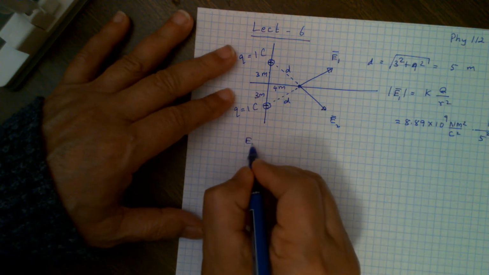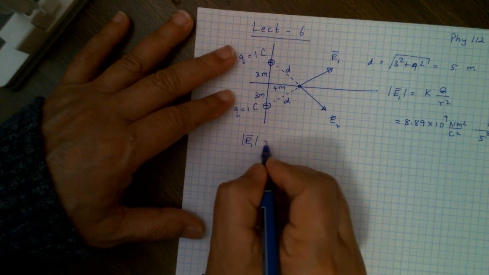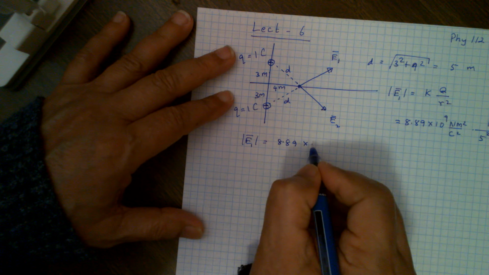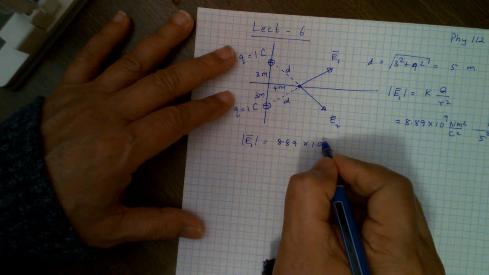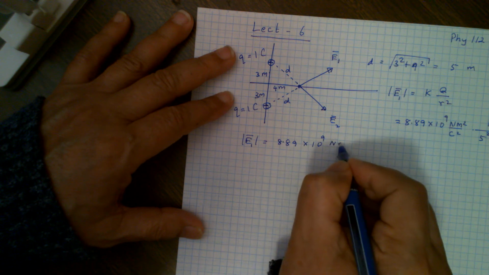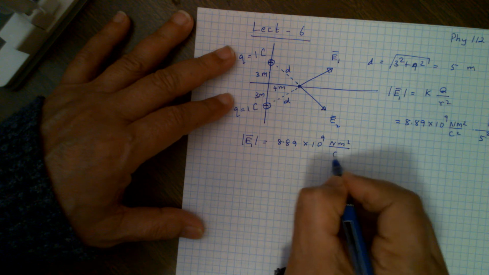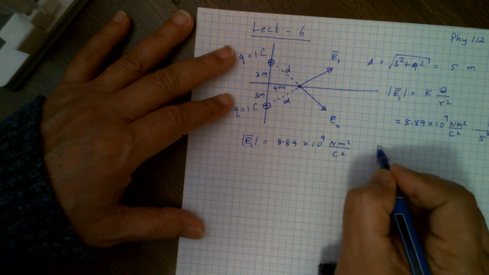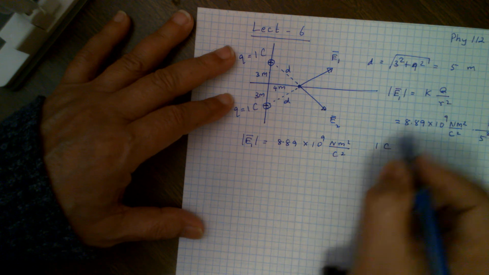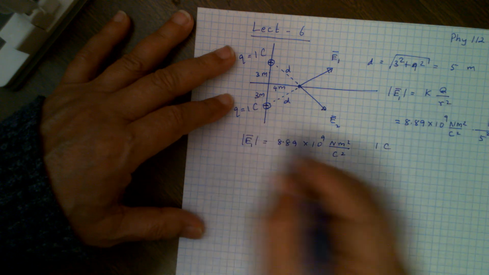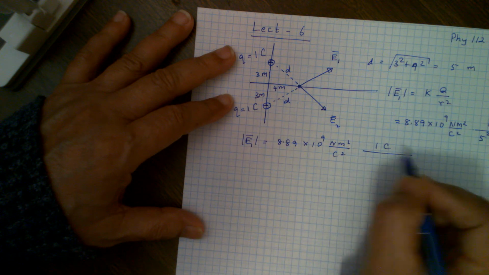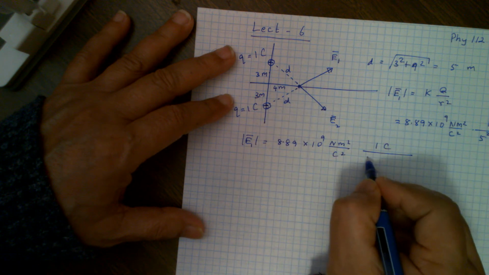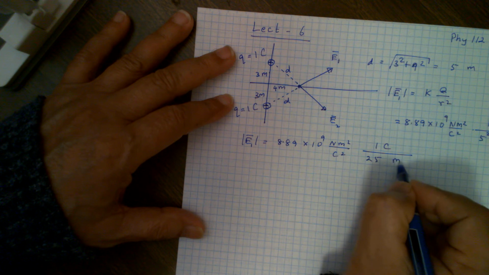The magnitude of E1 is equal to 8.89 times 10 to the power 9 Newton meter squared per coulomb squared, that's from K, times 1 coulomb, that's for the charge Q, divided by R squared, which is D squared, which is 5 squared, so that will be 25 meters squared.